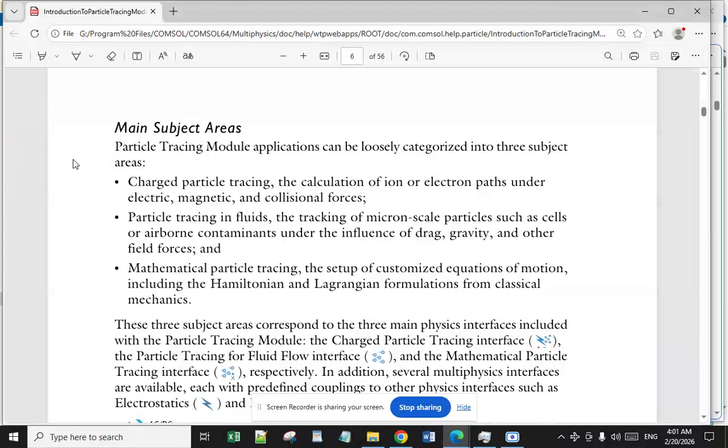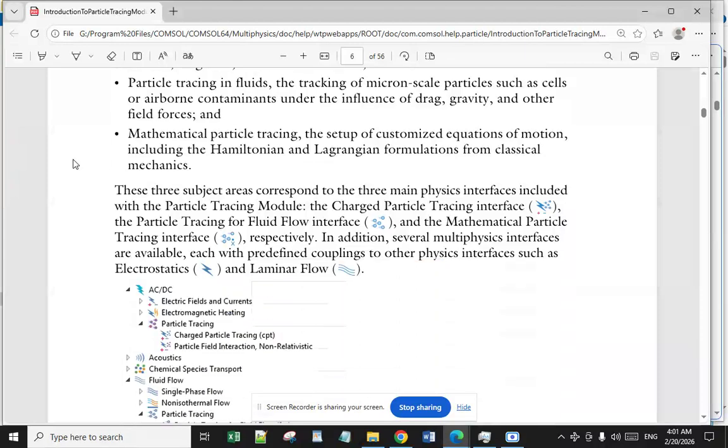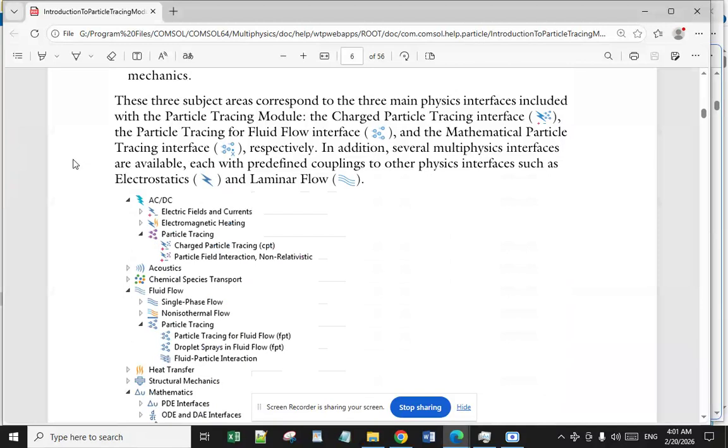And the third one is mathematical particle tracing, the setup of customized equations of motion, including the Hamiltonian and Lagrangian formulation from classical mechanics. These three subject areas correspond to the three main physics interfaces included with the particle tracing module: the Charged Particle Tracing interface, the Particle Tracing for Fluid Flow interface, and the Mathematical Particle Tracing interface, respectively.